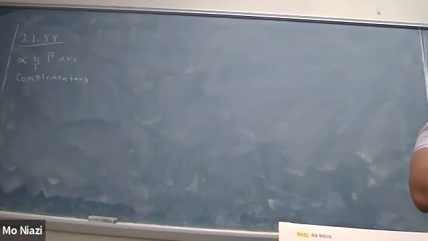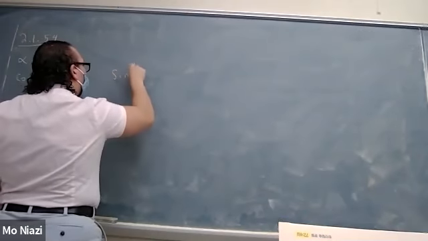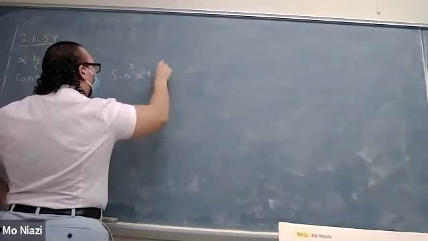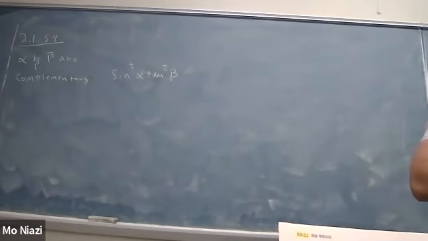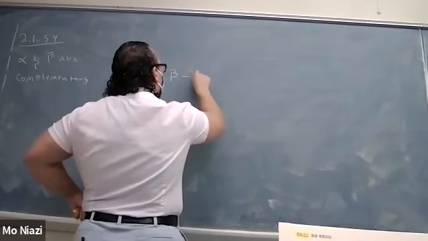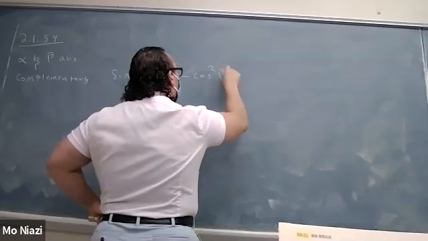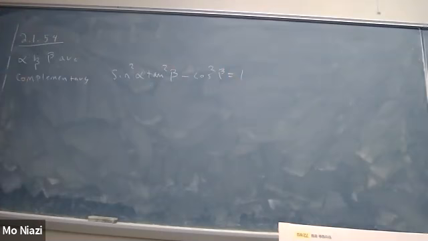Furthermore, we have to verify this identity: sine squared alpha tangent squared beta minus cosine squared beta is equal to 1. So we start off on the left-hand side and we show the right-hand side is equal to 1.